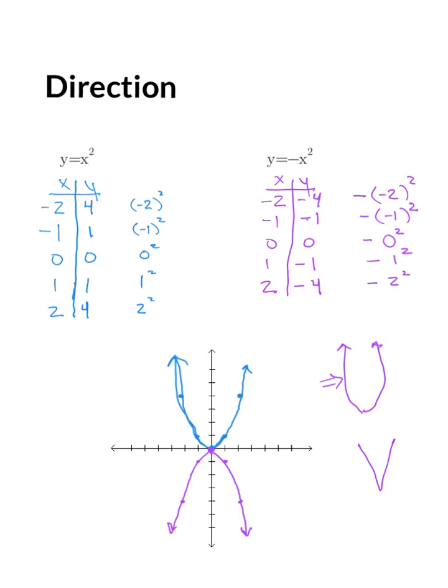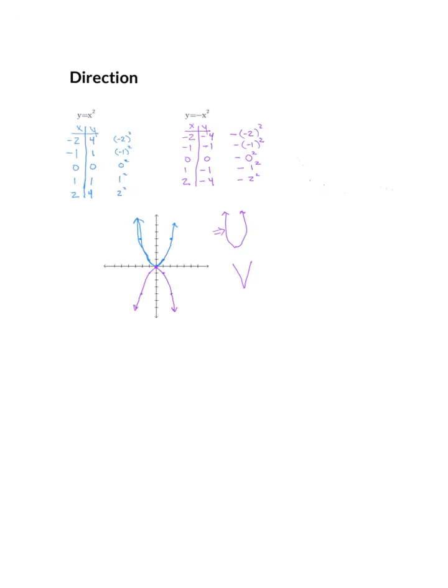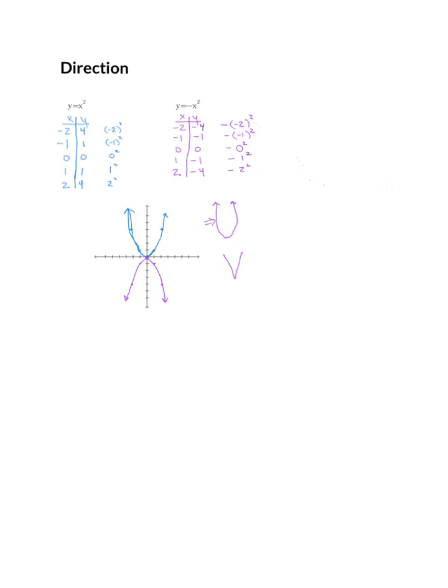If you recall, when we talked about slope and linear equations, remember that our equation y equals mx plus b was our slope-intercept form. If m was positive or greater than 0, it was an increasing line.